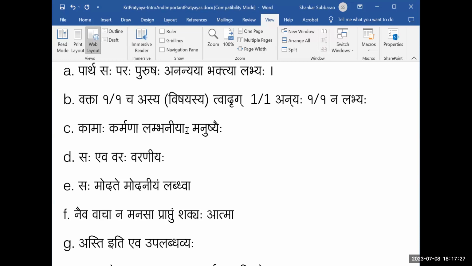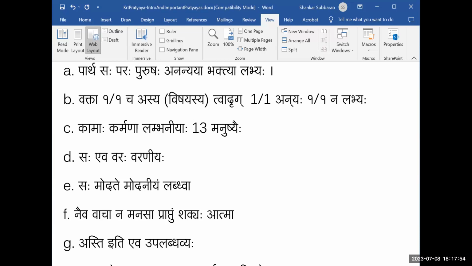It's labh dhatu. Good. And it is 1-3. So lambhaniyaha, therefore, what will it mean? Those which are to be gained. Those things to be gained. Okay. What else?